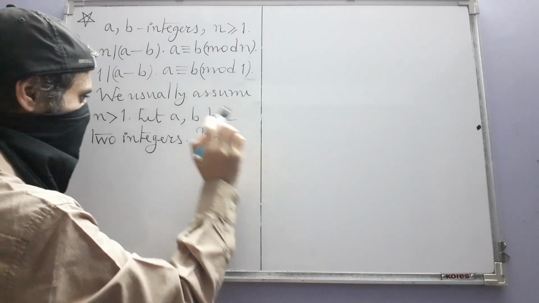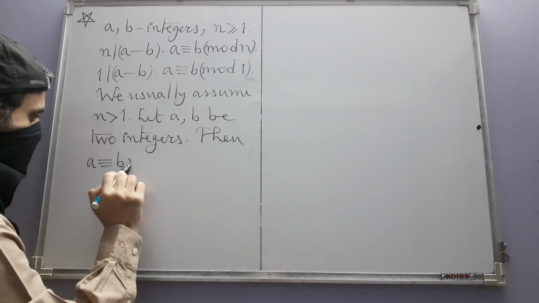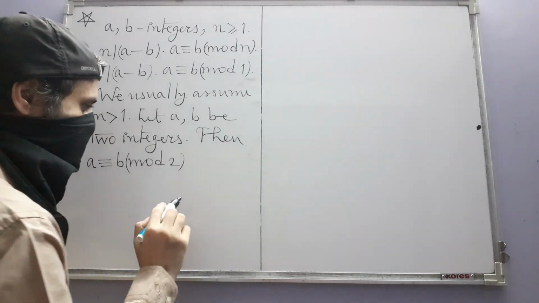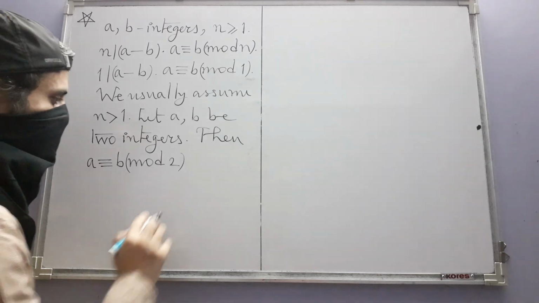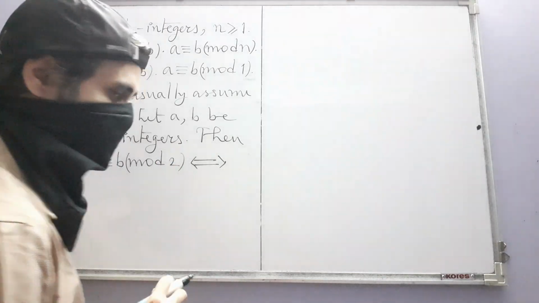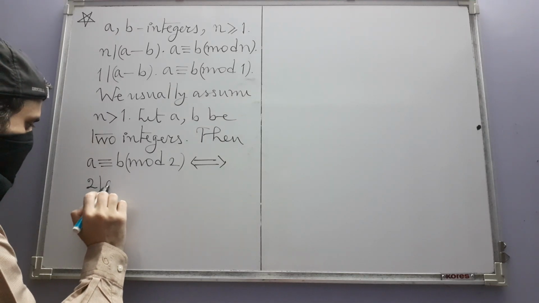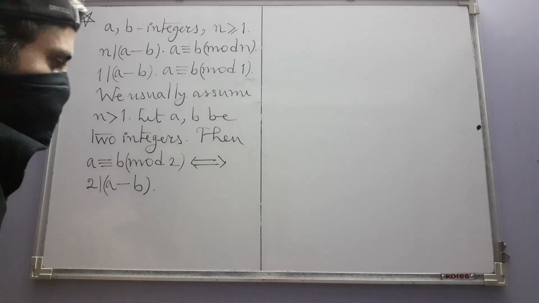Then a is congruent to b mod 2 if and only if, if you do not want to write in words, you can use this symbol for if and only if, 2 divides a minus b.